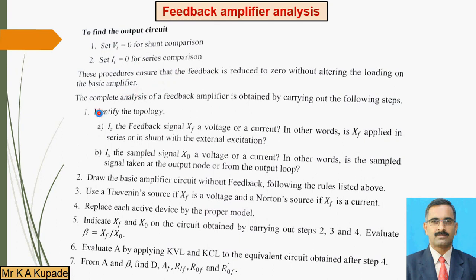This procedure ensures the feedback is reduced to 0 without altering the load on the basic amplifier. Now, the complete analysis of the feedback amplifier is obtained by carrying out some additional steps. The first step is to identify the topology you are considering, and there you have to consider two things.